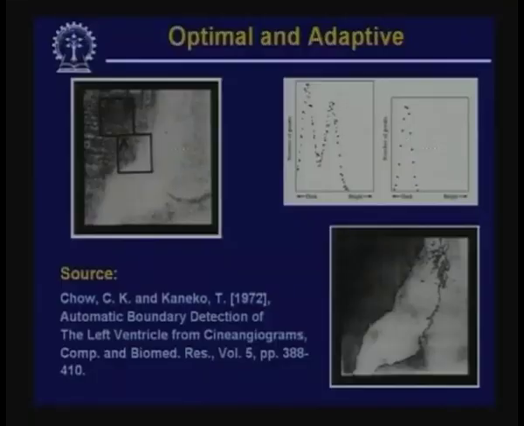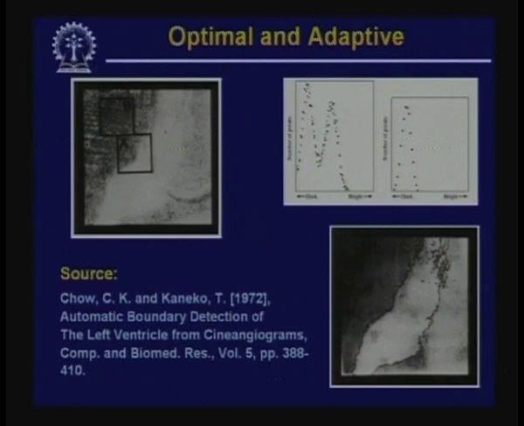So, using this the thresholded image was obtained, and the boundary of such a thresholded image, when superimposed on this particular image, is shown here. As was estimated, this was the estimated boundary, and the boundary points are quite well estimated in this particular case.